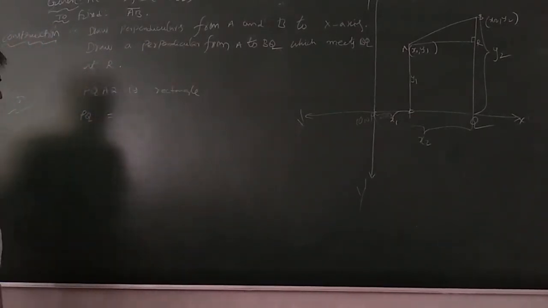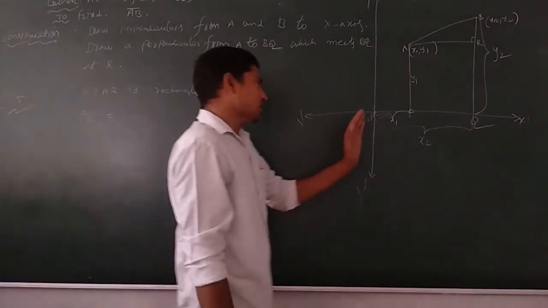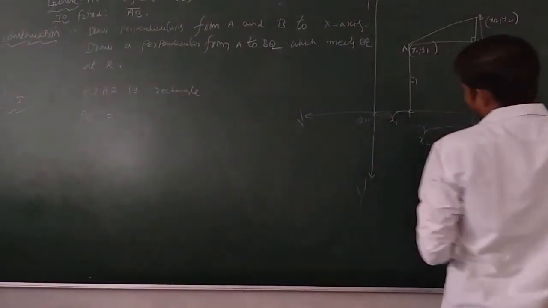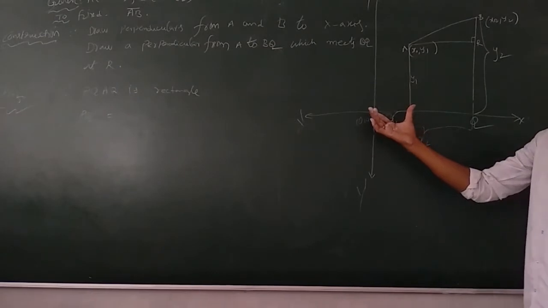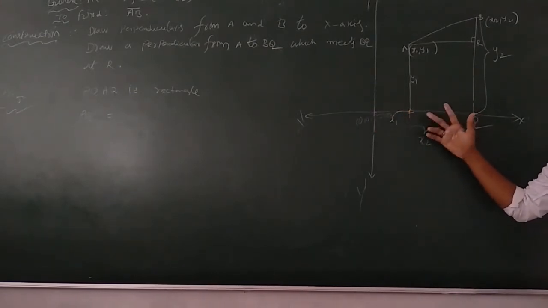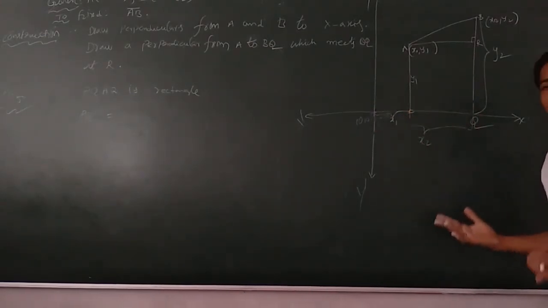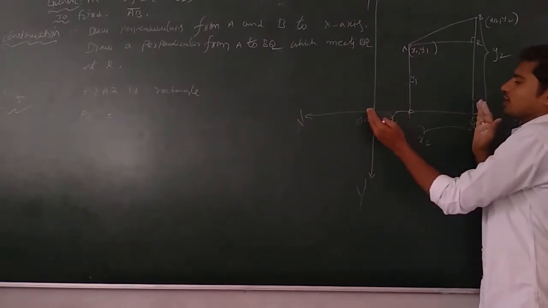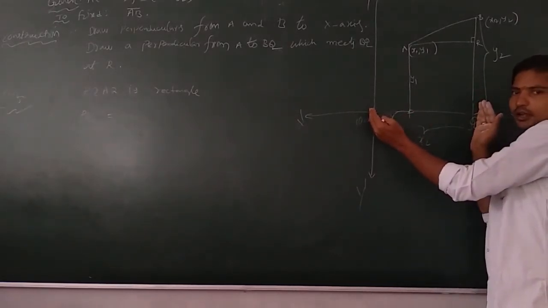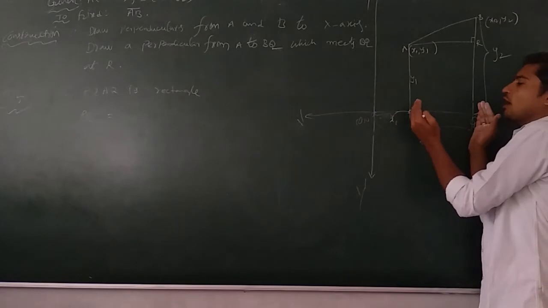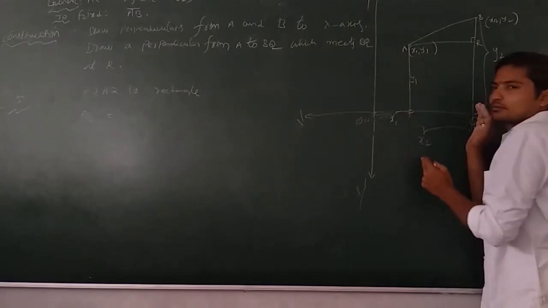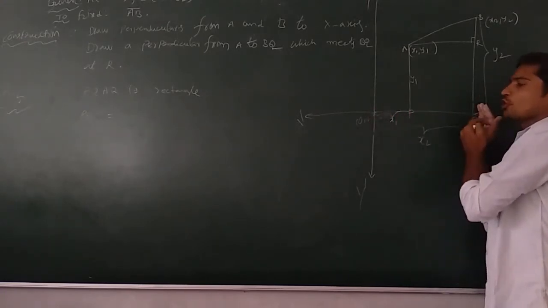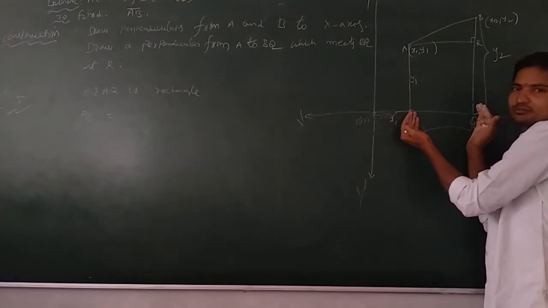PQ can be written as OQ minus OP: take from O to Q and cut at P, we can get PQ. Up to here taken OQ, and then I want only up to P, so that means OQ minus OP.